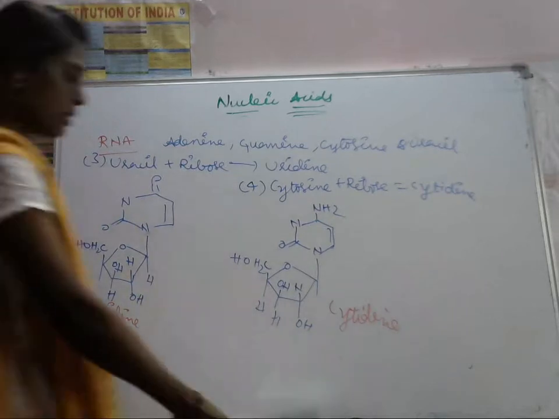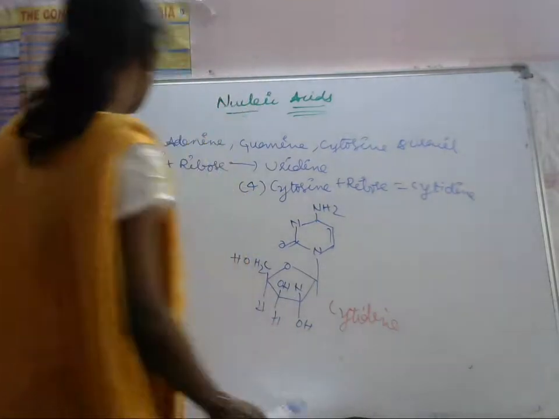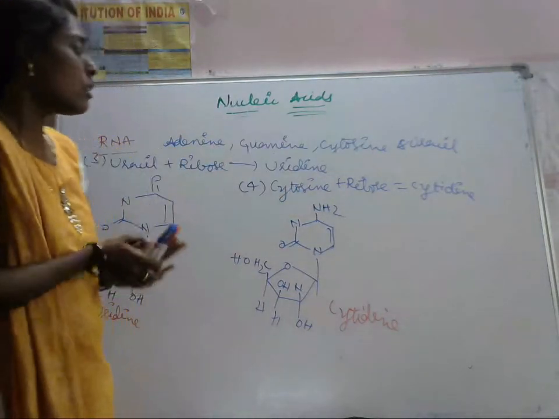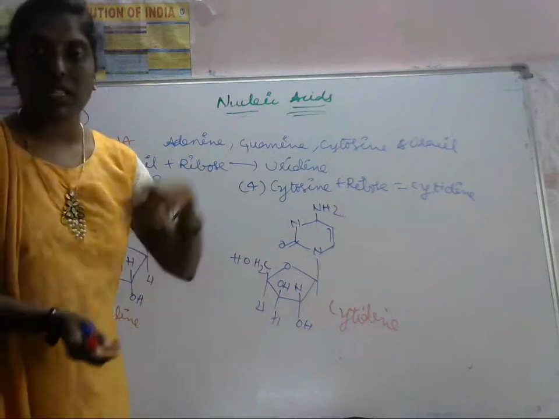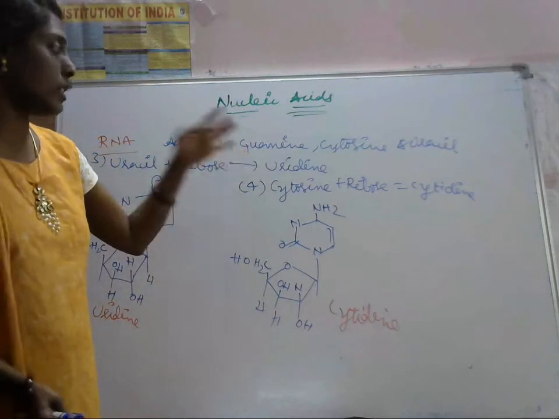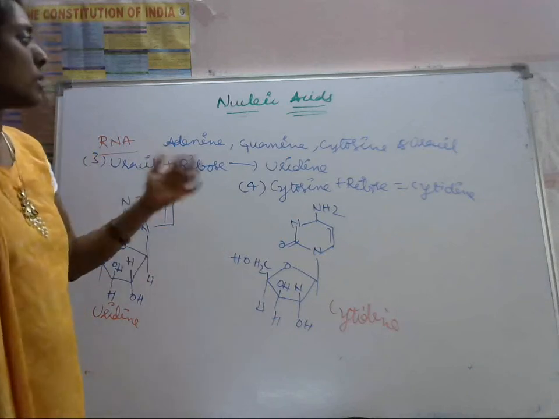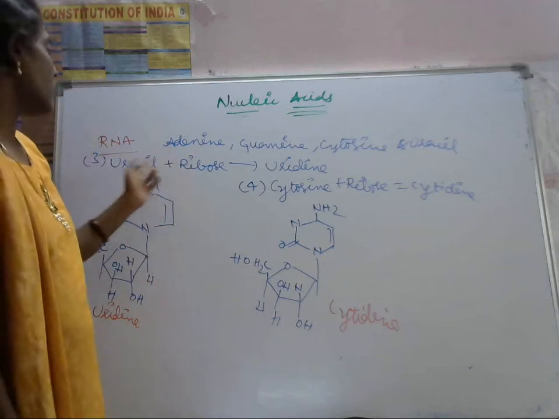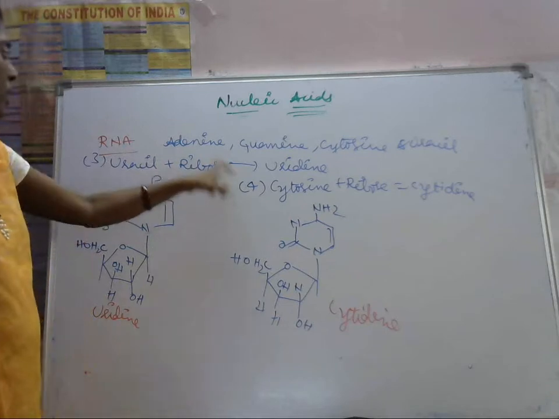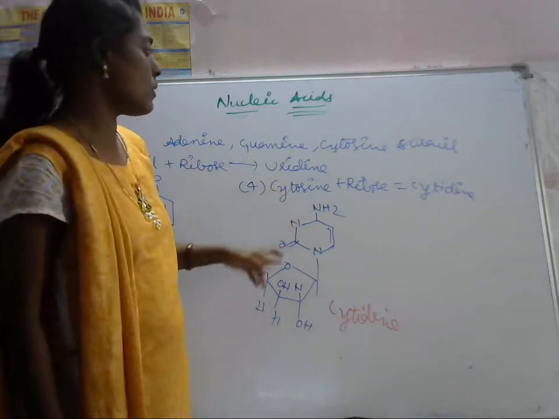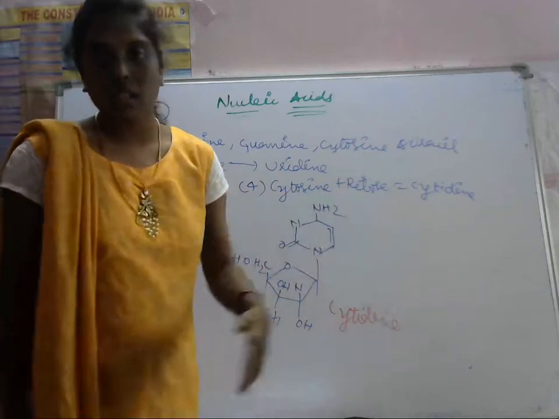So next DNA. This is about the RNA. RNA has adenine, guanine, cytosine, uracil. So adenine when combined with the sugar forms adenosine, and guanine combines with the sugar to form guanosine. And uracil will combine with this ribose and form uridine, and the same way cytosine will combine with the ribose and form cytidine.